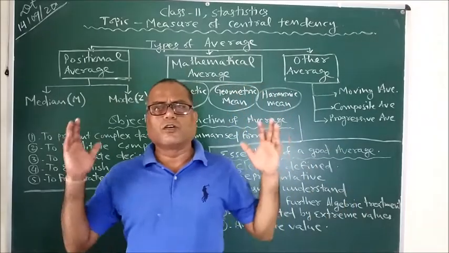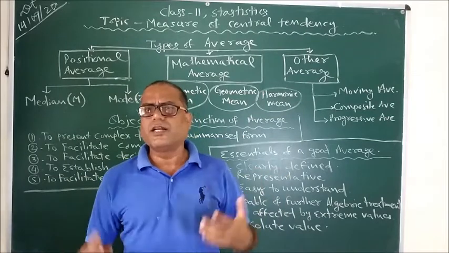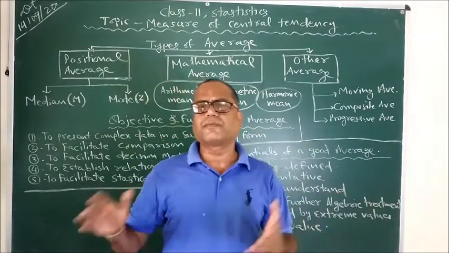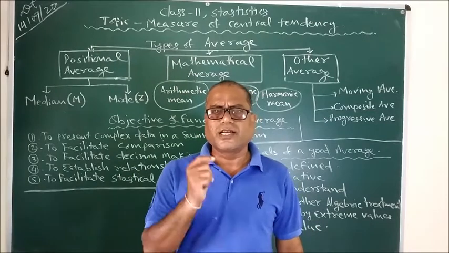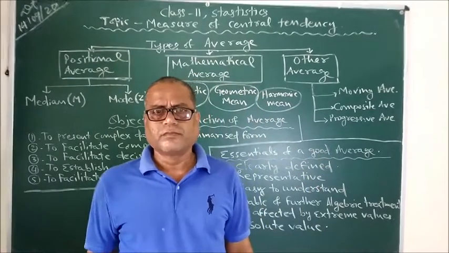Also, in our economic studies or statistical studies, often we establish relationship because different concepts are related to each other, just like the price of a commodity and the demand of a commodity.